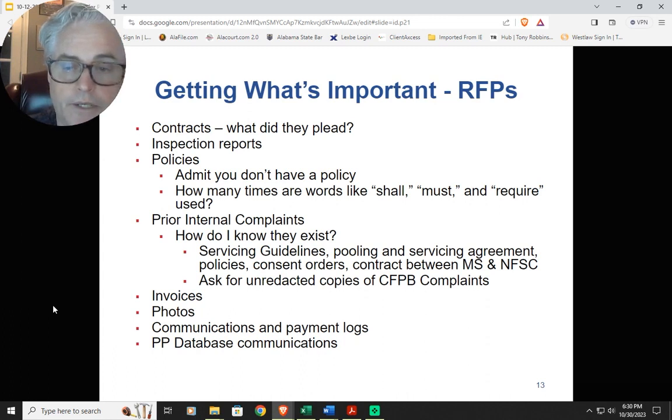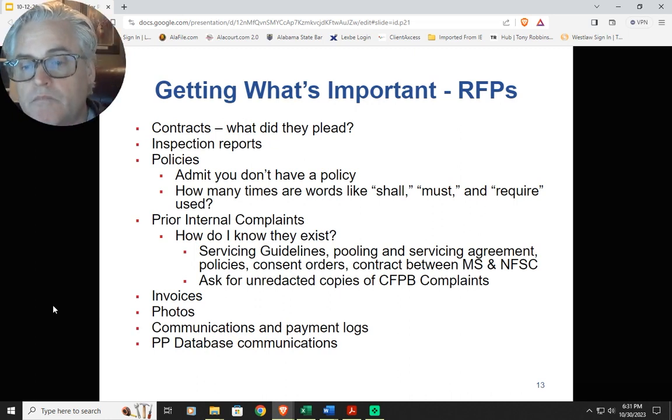E-discovery is such a big part of what we do. It's well worth the time and effort to dig in and find out how these people communicate, how that information is stored normally, and hopefully find what you need.